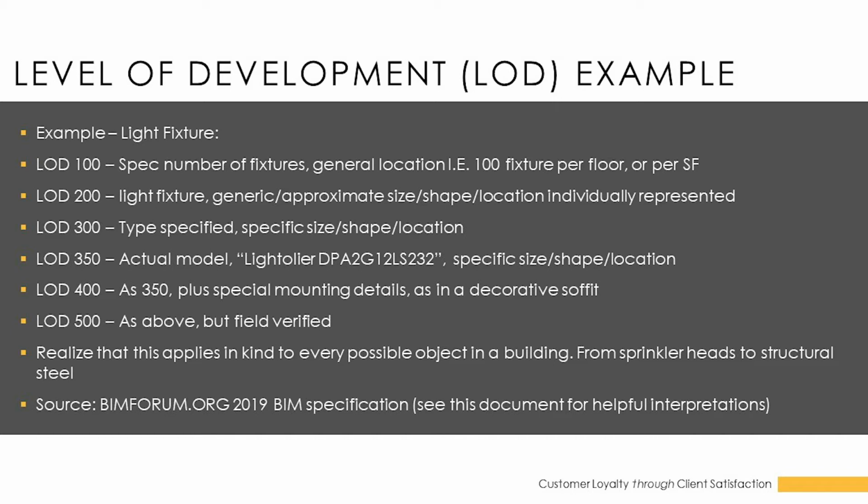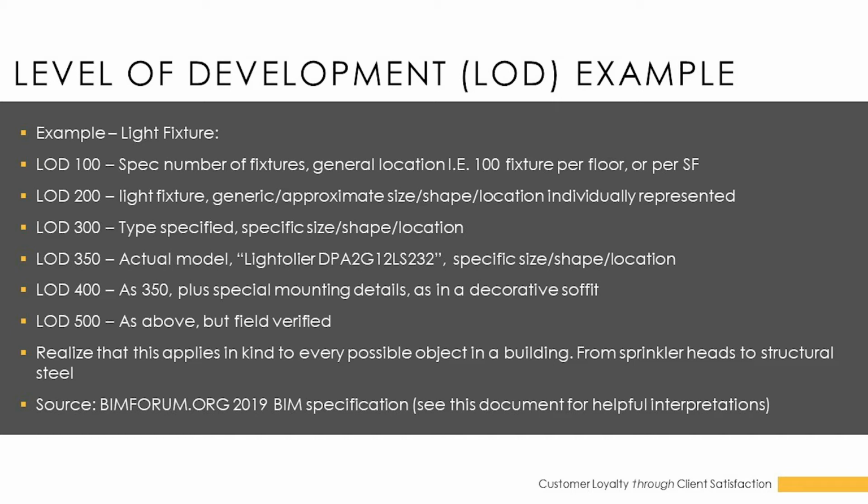LOD 200, which is the next level up, is going to give you generic sizes of all those light fixtures that might be on a floor in a certain location. So for instance, every single type of light fixture, whether it's metal halide, a wall pack, fluorescent light fixtures, etc., would be shown in their approximate locations and size, but they might be shown by the same modeled symbol.